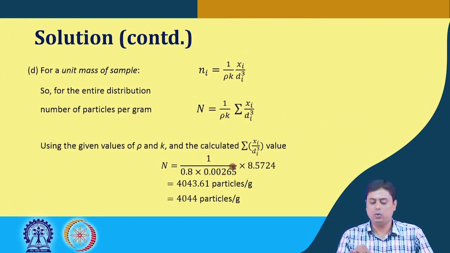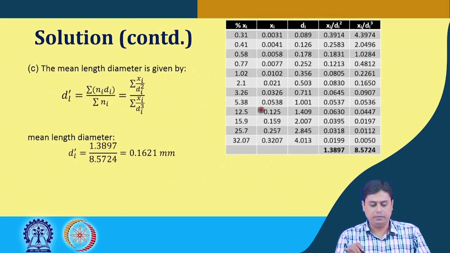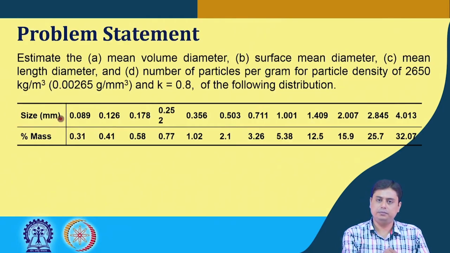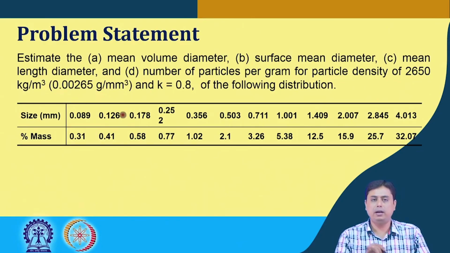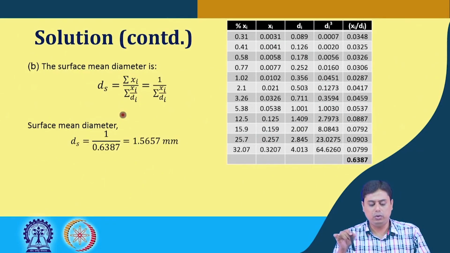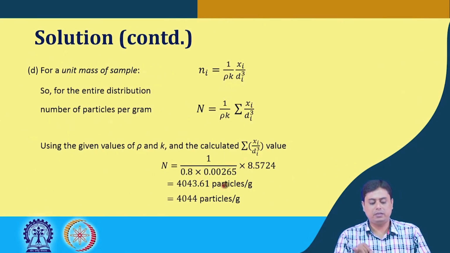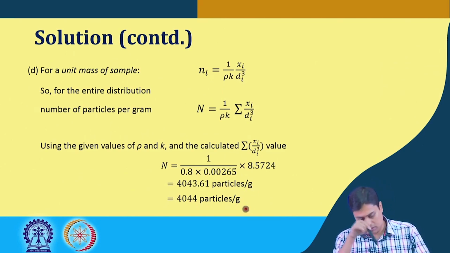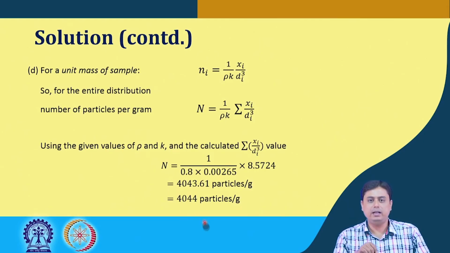Remember to make the units consistent. The di values are given in millimeter, but the density was given in kg per meter cube, which could have been converted to gram per millimeter cube. If we do that, then we can directly write this expression and find the number of particles per gram, per unit mass. This is the total number of particles in that mass.